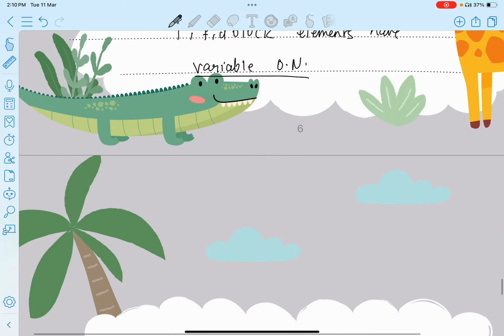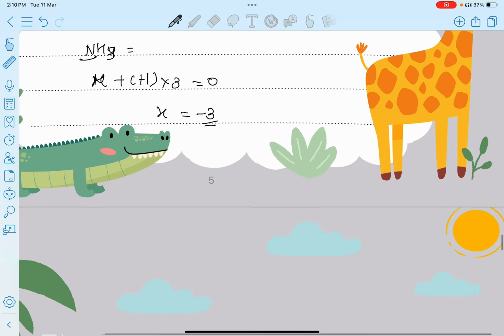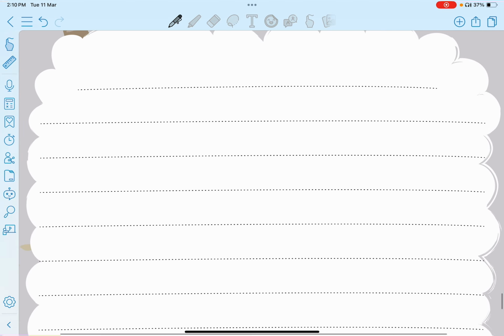I hope the oxidation concept is clear. Now you have some homework for the calculation. First, calculate the oxidation state of Mn in KMnO4. Second, calculate the oxidation state of chromium in Cr2O7. Third, calculate the oxidation number of CCl4.